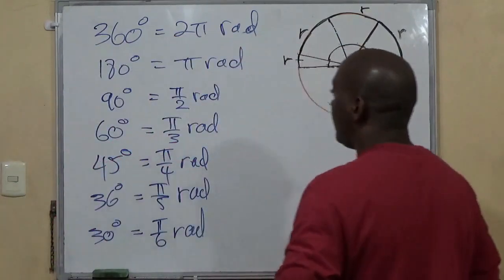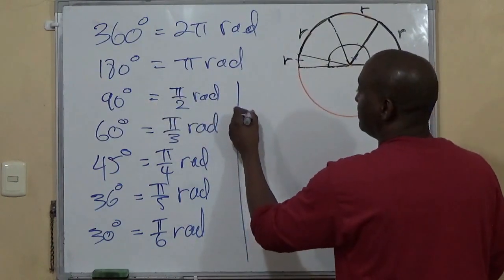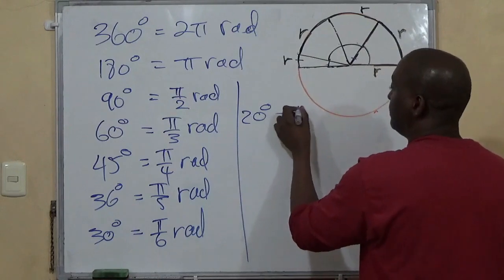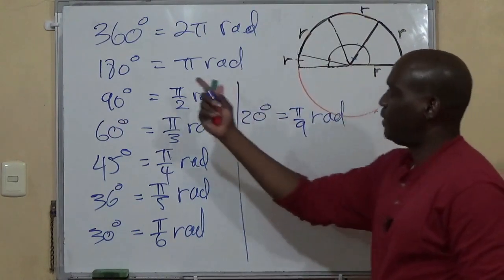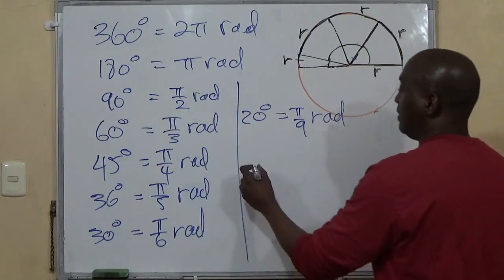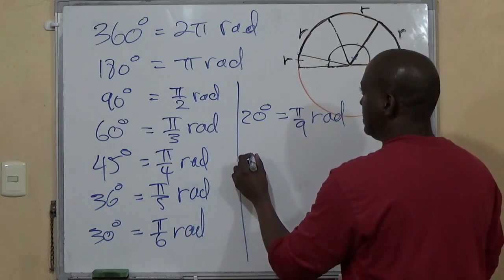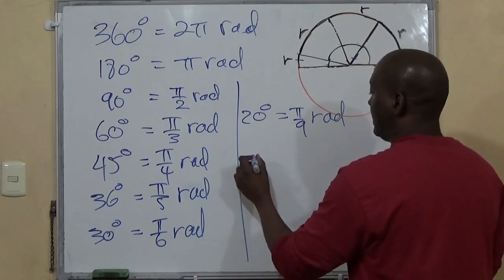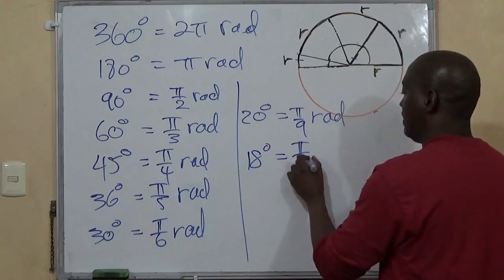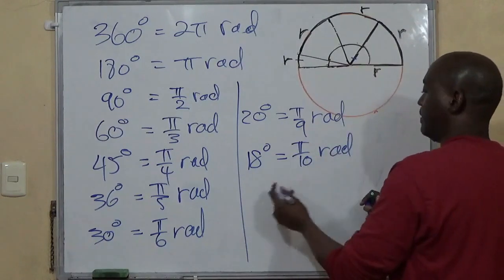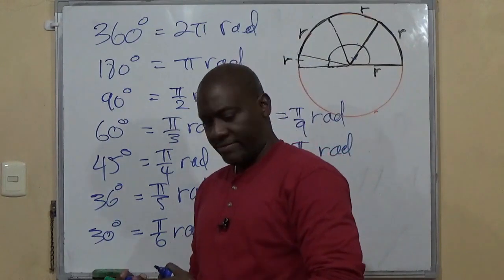9. We divide 180 by 9. So 180 divided by 9 is 20 degrees. That is equal to pi over 9 radians. We divide 180 by 10. 180 divided by 10 is 18 degrees, which is equal to pi over 10 radians. 11, 12.